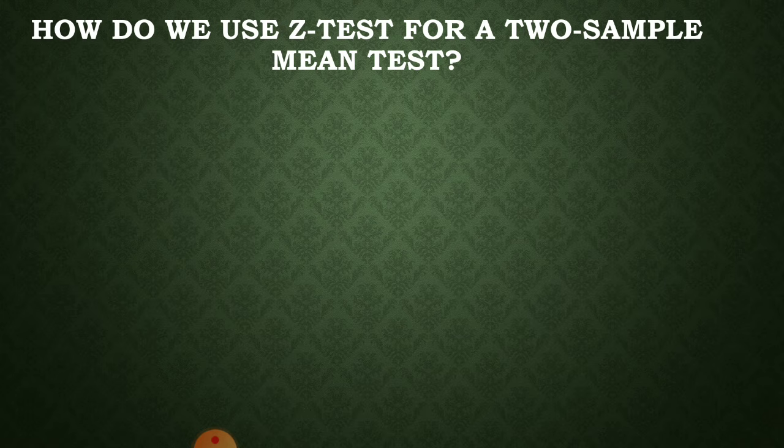How do we use the Z-test for a two sample mean test?